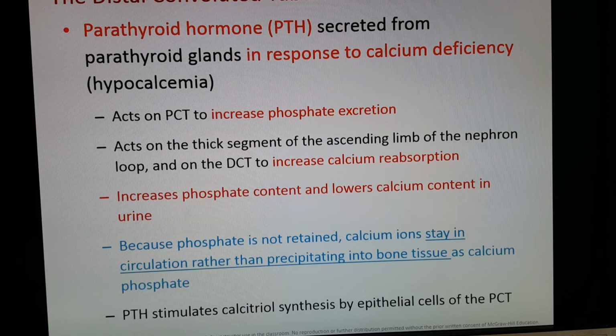So it acts on your proximal convoluted tubule, the one near the glomerulus, to increase phosphate excretion. It acts on your distal convoluted tubule to increase calcium reabsorption.